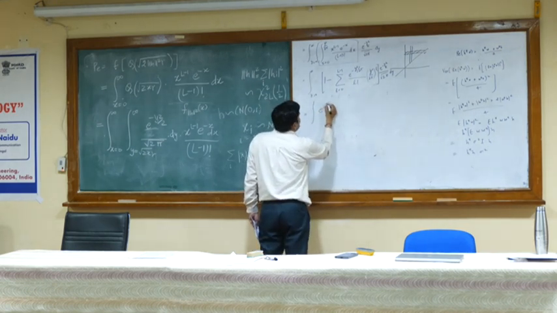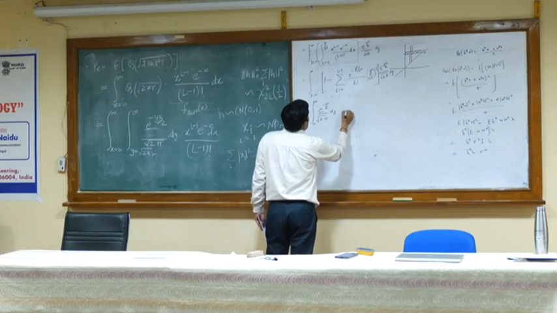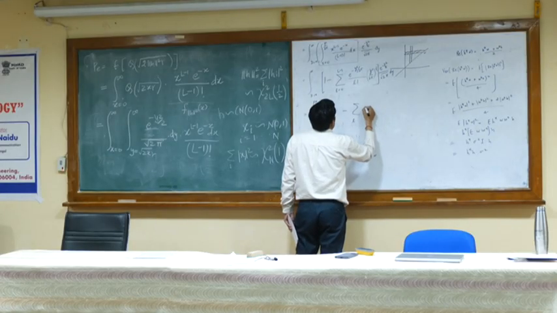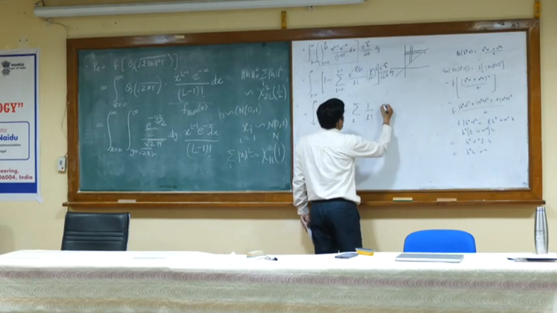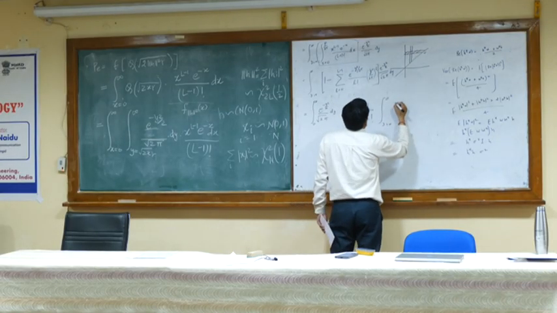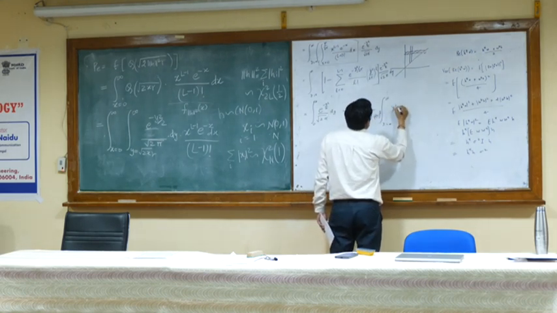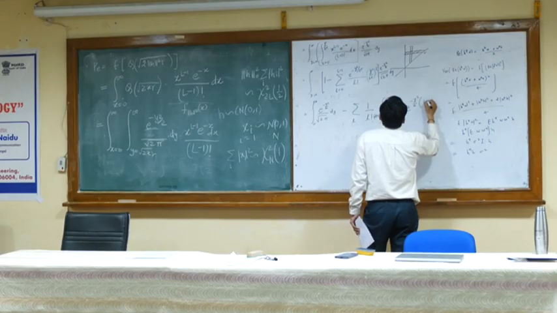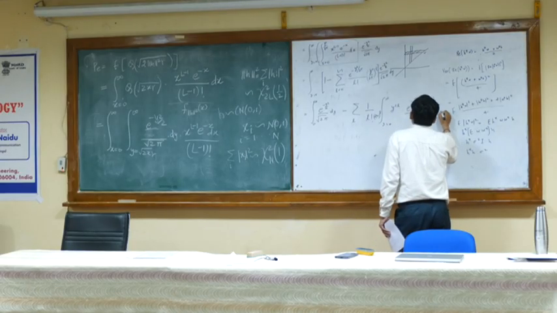So e to the power minus y square divided by 2, divided by square root of 2 pi, from 0 to infinity dy, minus the summation over L, 1 by L factorial, and we have the integration y equals 0 to infinity, and we have 2γ to the power L, y to the power 2L into e to the power minus y square divided by 2 into (1 plus 1 by γ), divided by square root of 2 pi, into dy.